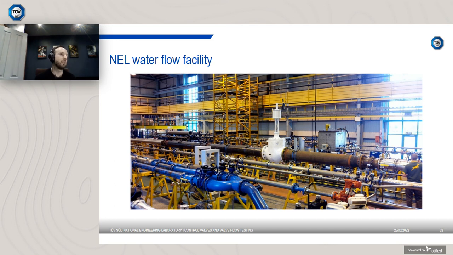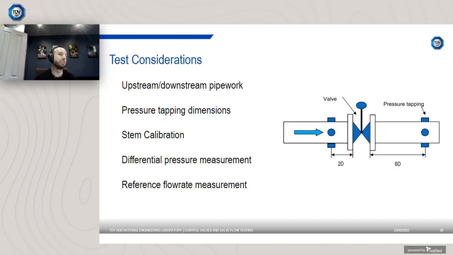So the first thing you need is a flow test facility that can accommodate the valve, depending on its size. Once you've found a facility, you then need to set up the tests. The valve has to be installed between pipework, so the upstream and downstream pipework is quite critical.